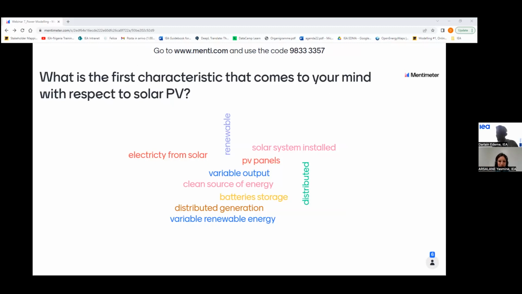Then battery storage, which is very important to counter the variability of solar PV, so that you can store the energy when the sun is shining, which, depending on the regional context, is not generally when it is needed. You would need it also in the evening, so you store the solar energy thanks to batteries. Very interesting findings. Thanks.